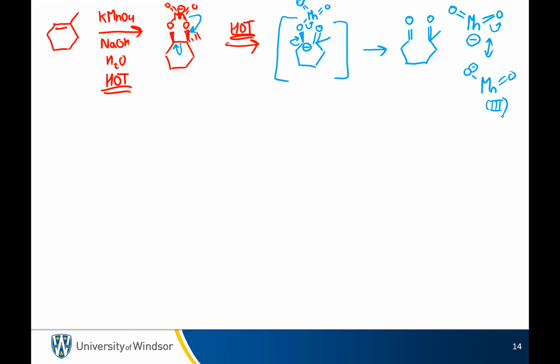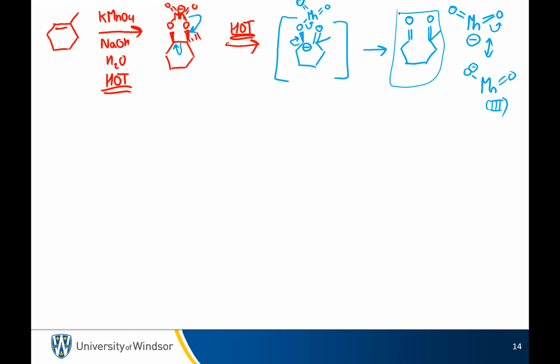But I don't really care about manganese. It does look like a bat. What I care about is this thing here. So what we did, yeah, we just broke a carbon-carbon bond. That seems hard, which is why you need heat.